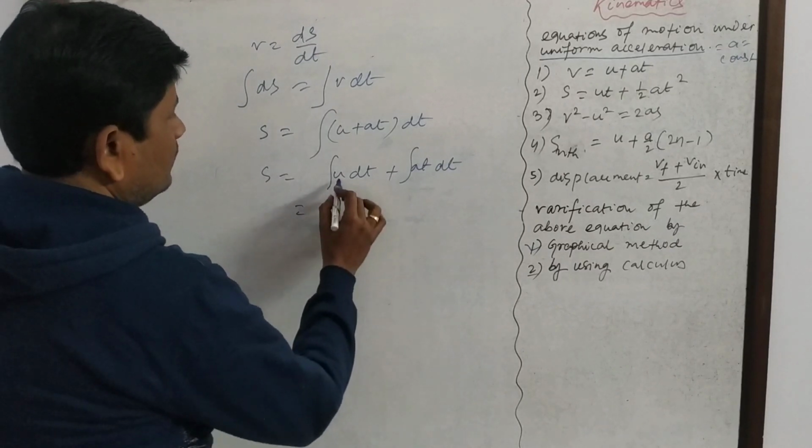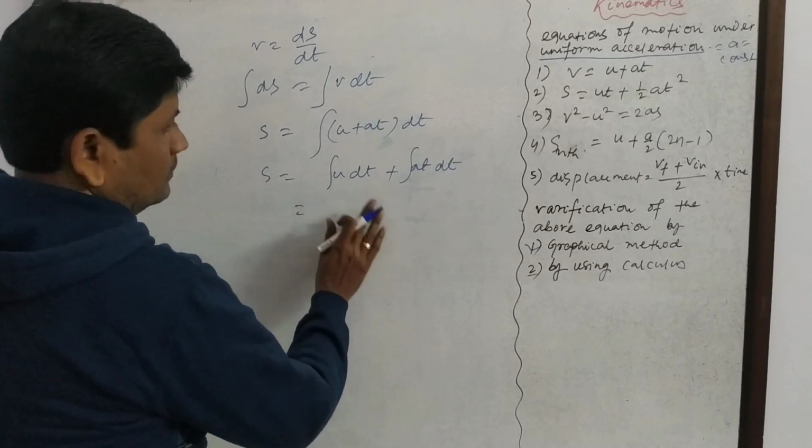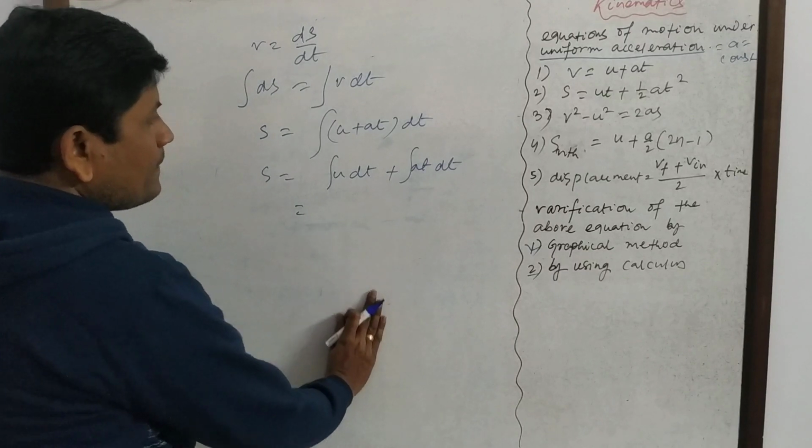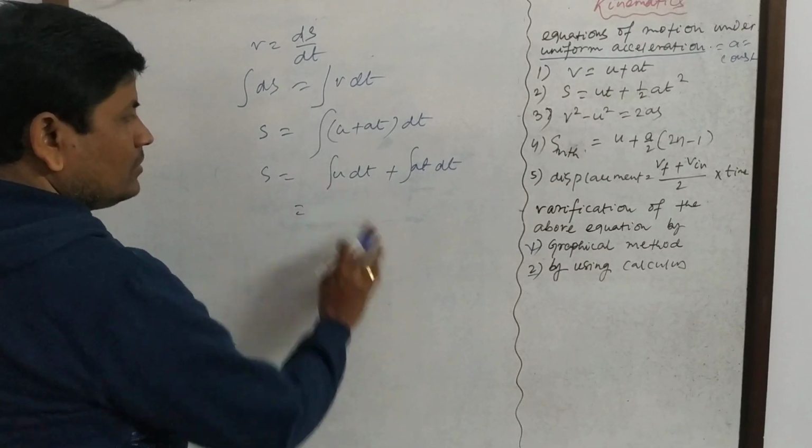Okay, now U is constant here. Why is it constant? Because we know the initial velocity of the particle.